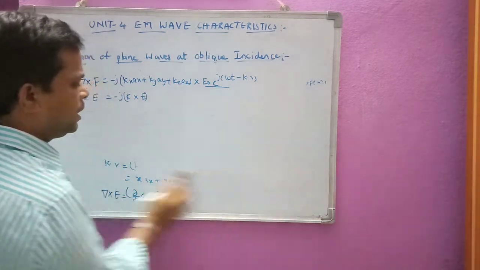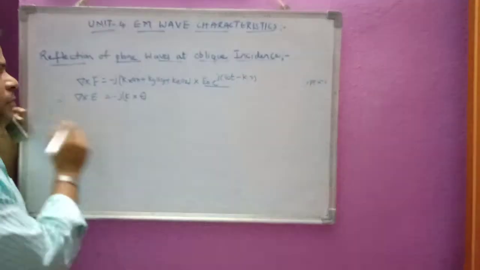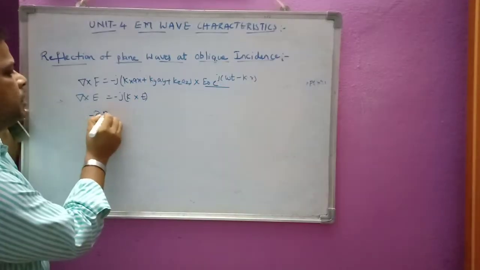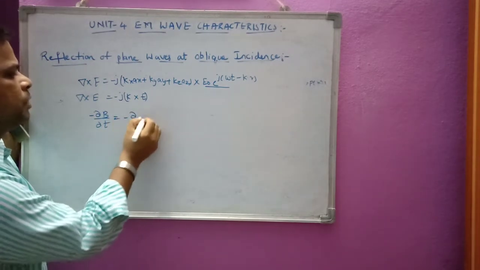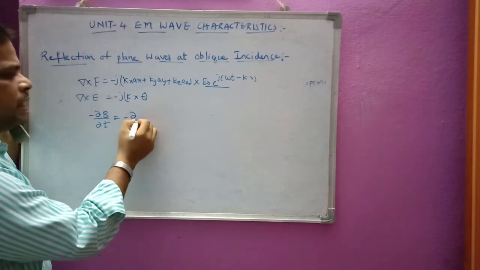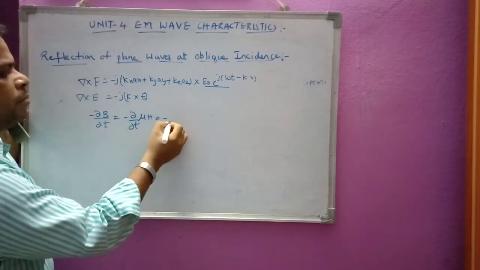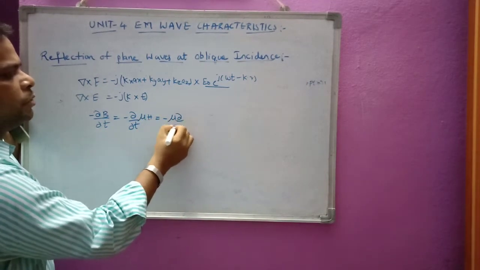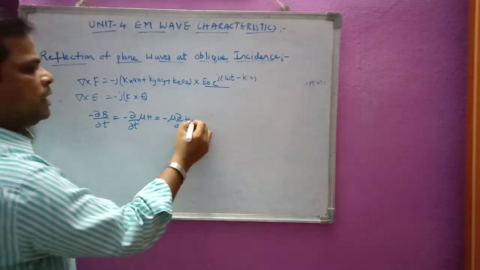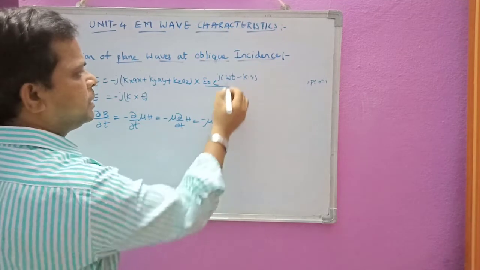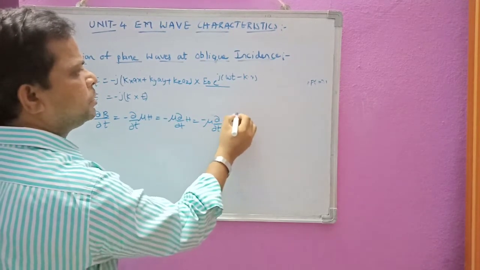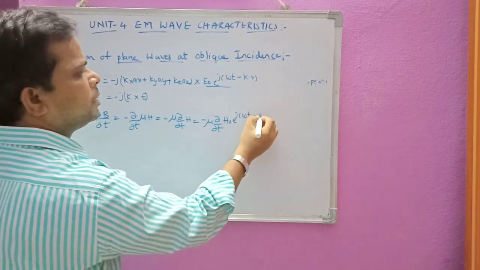Now I will take the right hand side here. Let me see what happens. Minus dou B by dou t: minus dou by dou t of B is equivalent to, I can write, mu into H, so minus mu into dou by dou t of H. H we have taken as H naught into e power j(omega t minus k dot r).